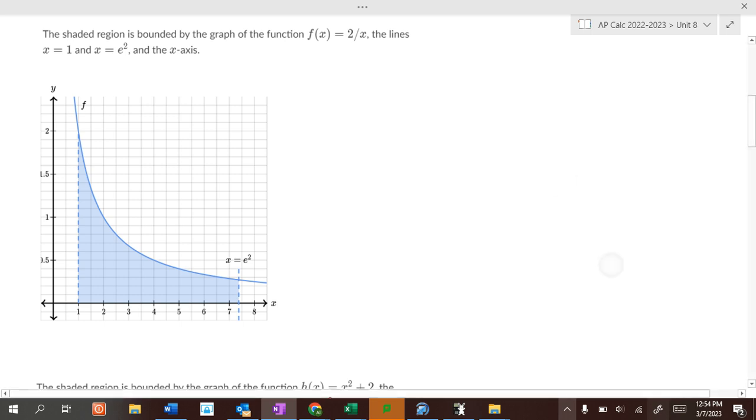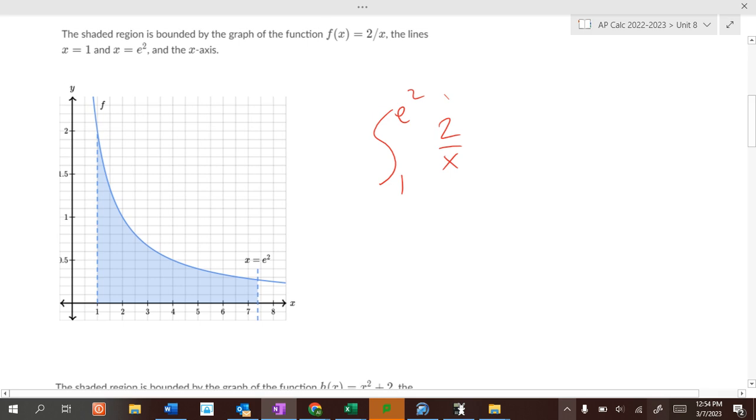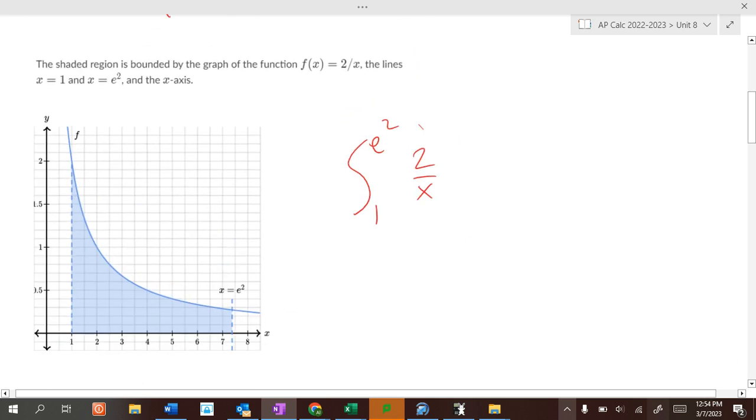Okay? So in this one, we would integrate 2 over x from 1 to e squared. How do we integrate 2 over x? It's x to the negative 1, so 2 ln of x.